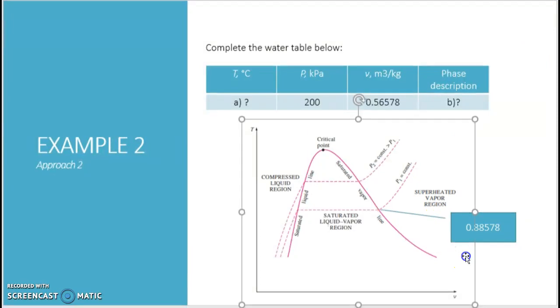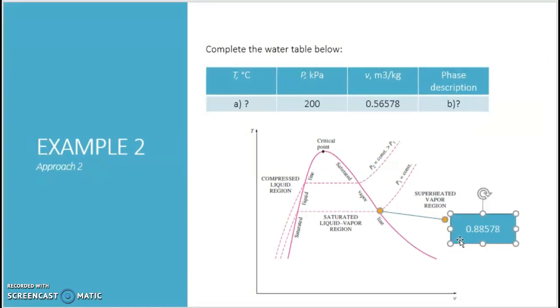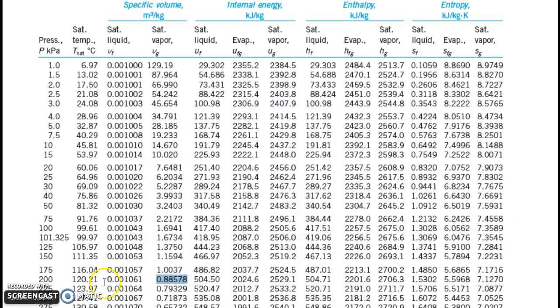The other one is at the saturated liquid line here. So what was the value at the saturated liquid point? If you check your property table, it's going to be 0.001061.